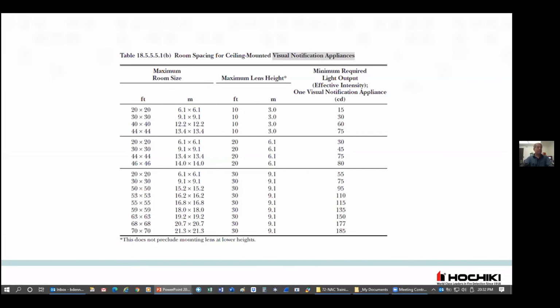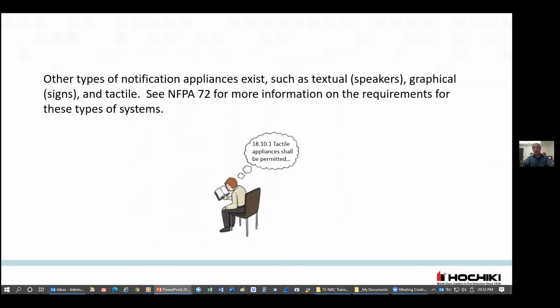All right. Okay. So there are other types of notification that we didn't talk about. Textual notification is one, which is speakers. There are graphical notification appliances, which is signs. There are tactile notification appliances. Maybe you've run into those.